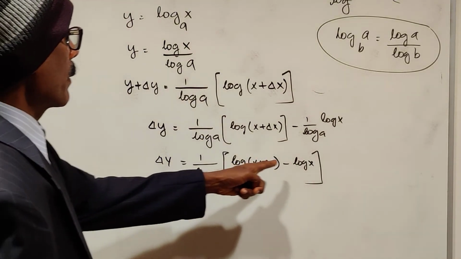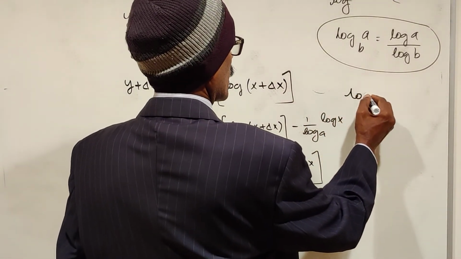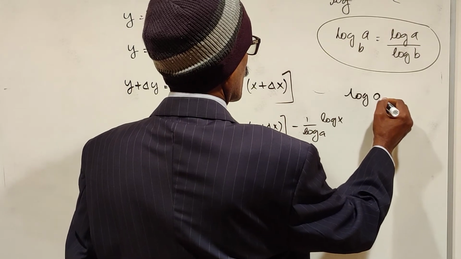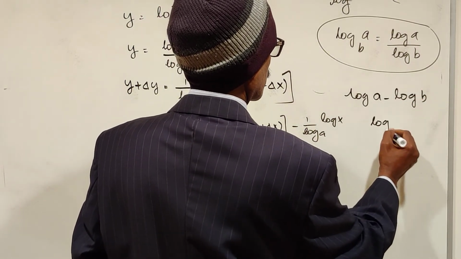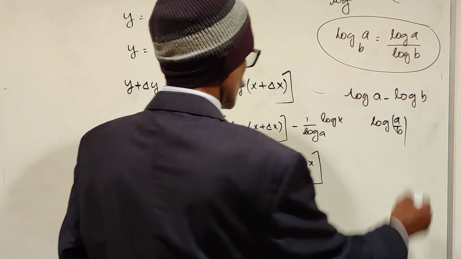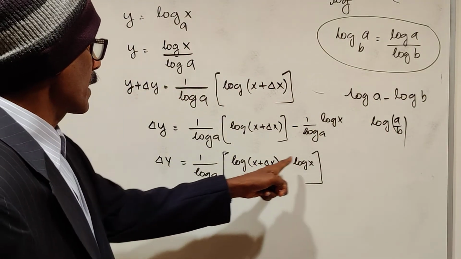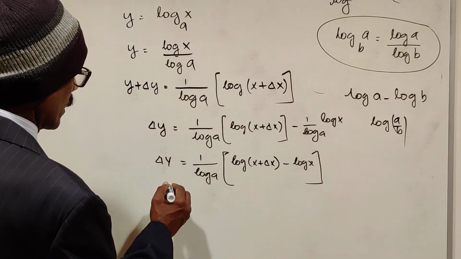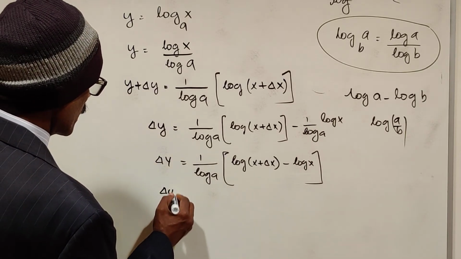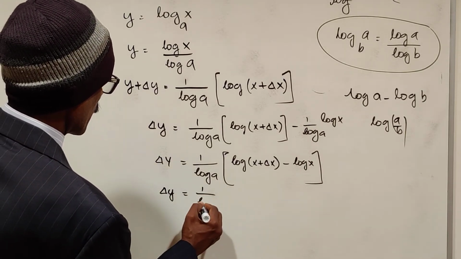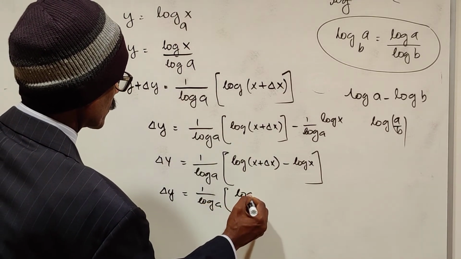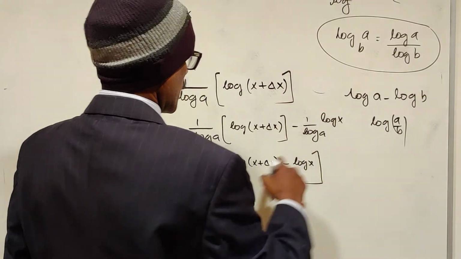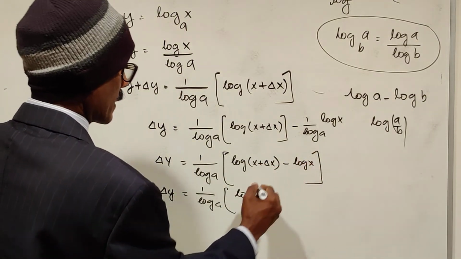Log a minus log b. What is log a minus log b? Log a by b, right? So here just apply the formula: log a minus log b is log a by b. Delta y equals 1 by log a, log a by b, where a is x plus delta x and b is x.